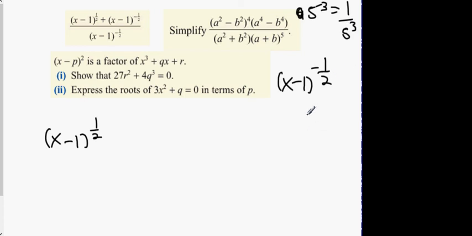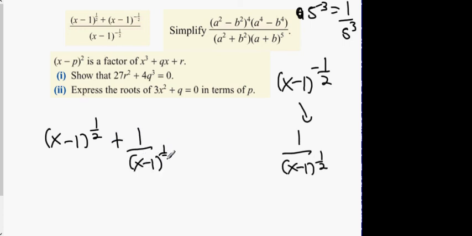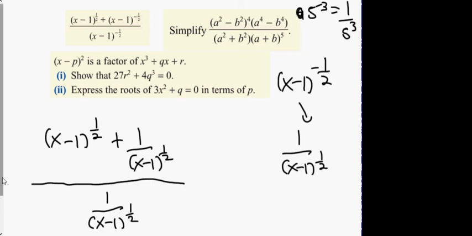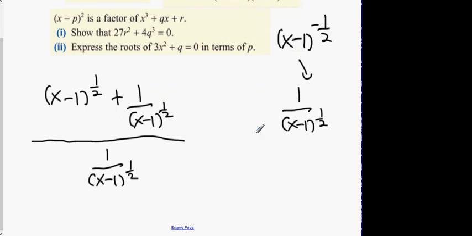This means that this one here is the same thing as 1 over x minus 1 to the power of a half. So it's going to be plus 1 over x minus 1 to the power of a half. On the bottom, it's the same thing. 1 over x minus 1 to the power of a half.